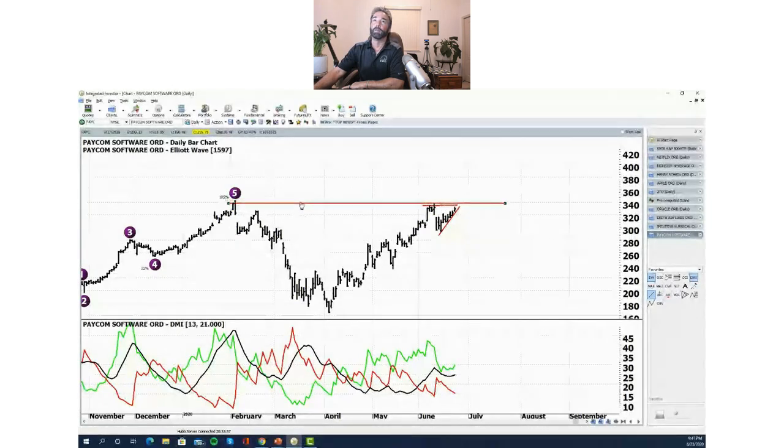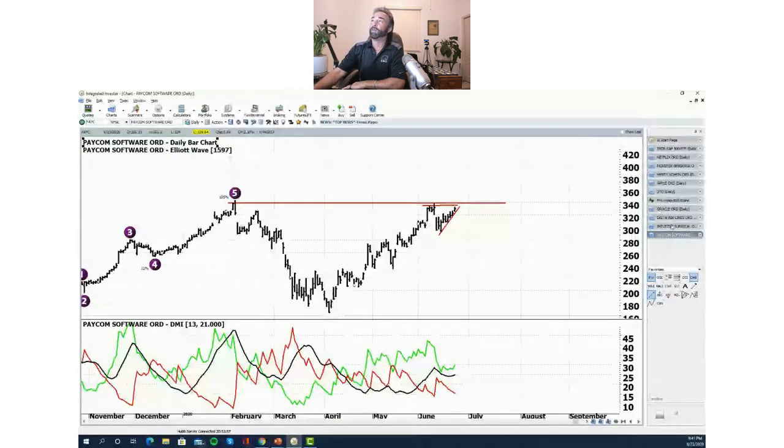So see how we ran up, and then we've gotten right near this area here where the wave 5 is. So you can just draw this line right in through here because we closed there, which is, we touched the top of that line on the 10th of June, even though this bar opened higher on the 5th of February, it closed much lower. So you could argue that the place to put it is right here, with the closing price being the more important price on the 4th of February, and then that's what we touched on the 10th.